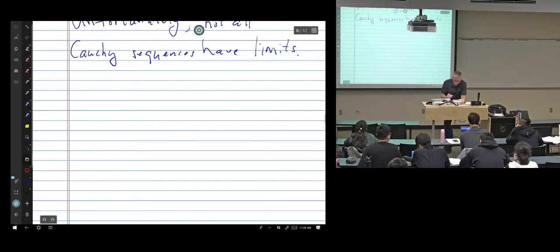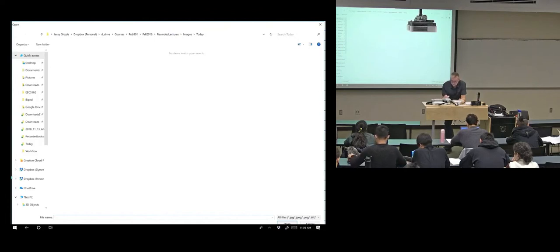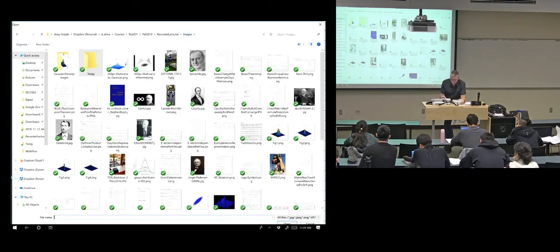So let me paste in my example. Oops. No items match your search. Really? Okay, so it's in here then. Cauchy-Schwarz, Cauchy but does not converge. That sounds like a good one.